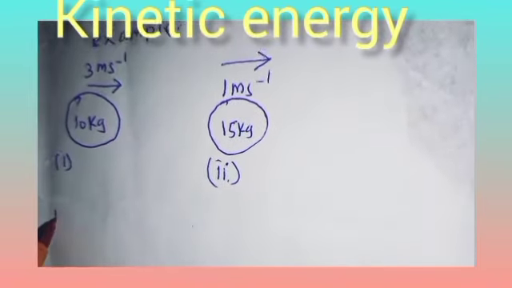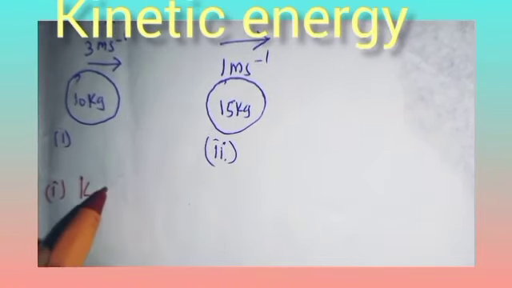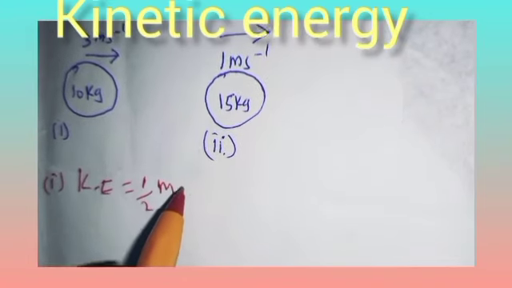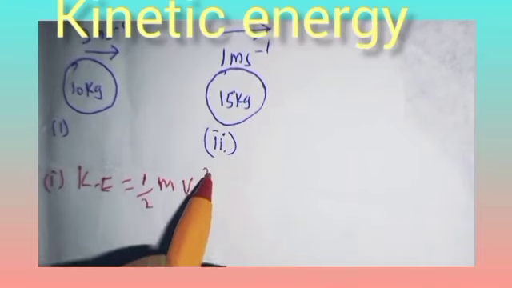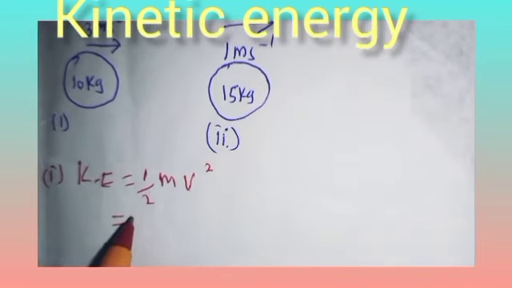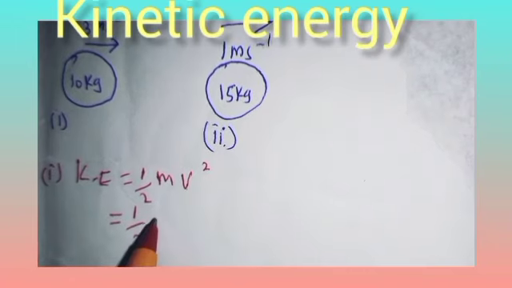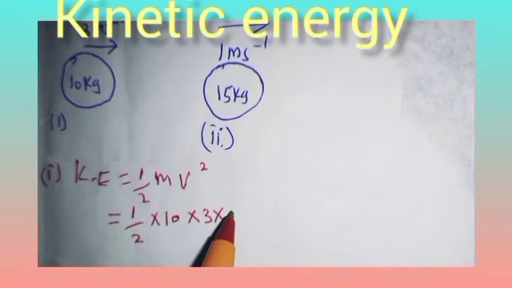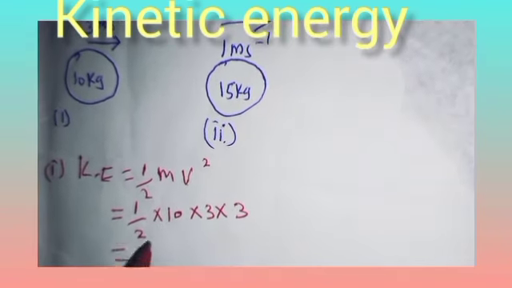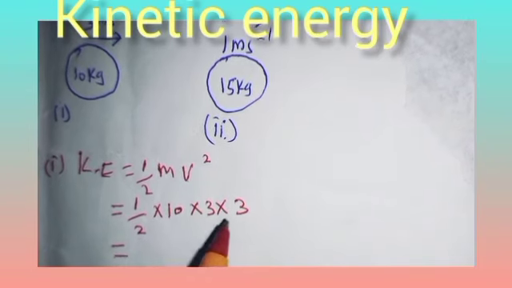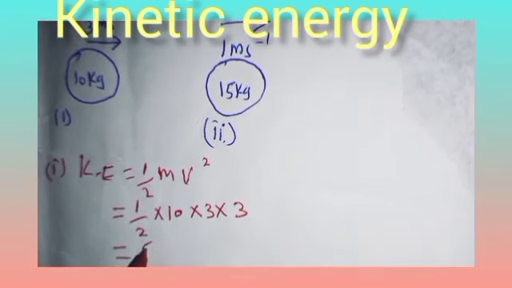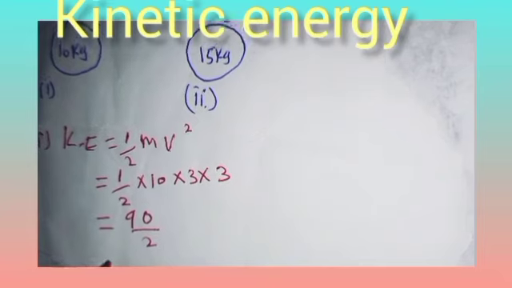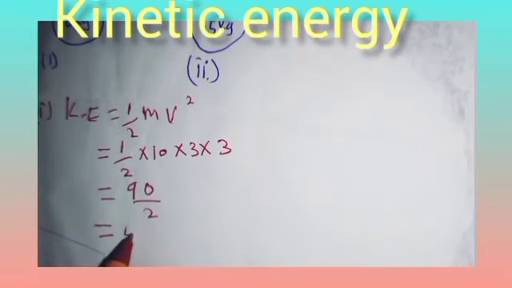For Roman 1, kinetic energy is given by half the product of mass multiplied by velocity squared, which is equal to half, our mass is 10, multiplied by 3 squared. Squaring means you multiply 3 times 3, which is 9. 9 times 10 gives 90, over 2, which gives 45.